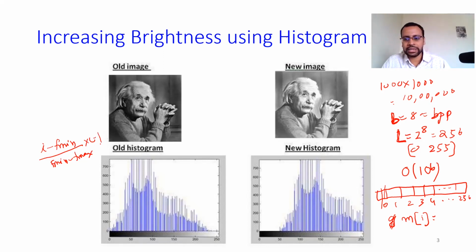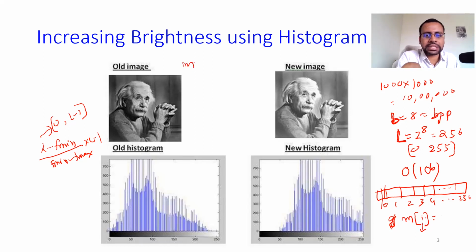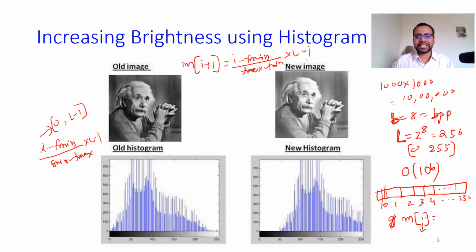Suppose this can have 0 to L minus 1. So I would write M of I plus 1 is equal to (I minus F min) by (F max minus F min) into (L minus 1). As simple as that.